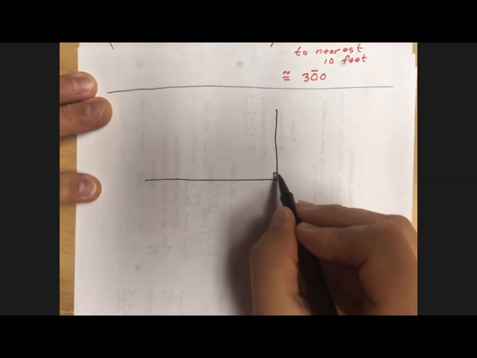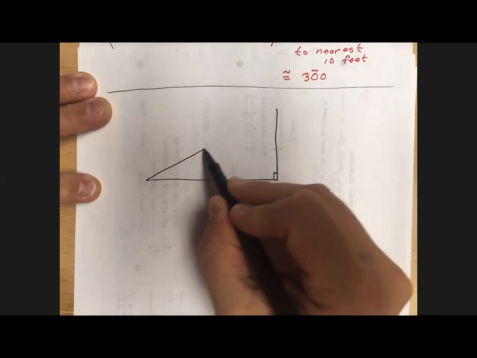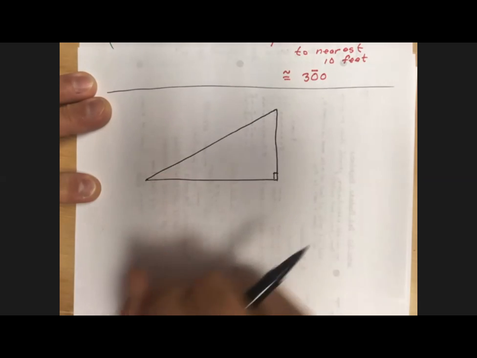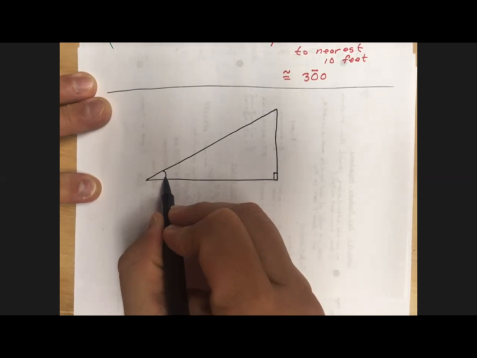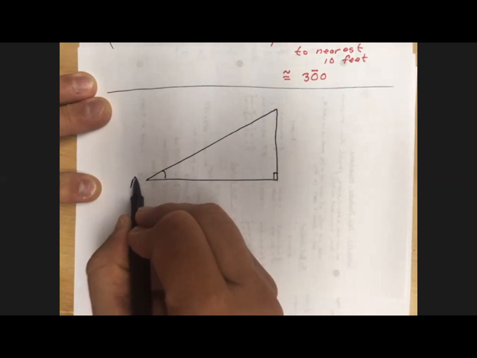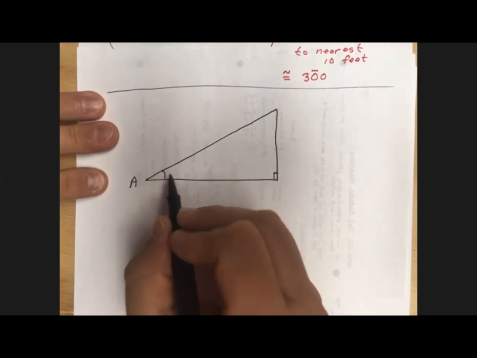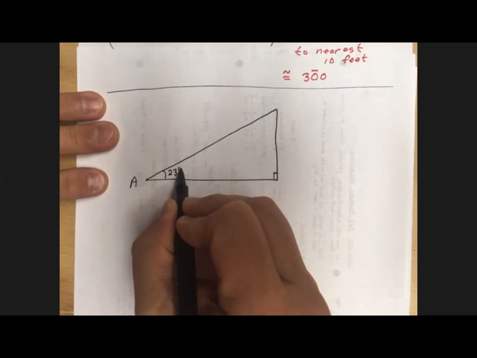And I don't know what this distance is, but I assume the building's at the right angle. It's not the Leaning Tower of Pisa. But let's say I have a surveying instrument or just an ordinary compass or protractor, and I can measure this angle to be, I really don't know. I'm just going to pick numbers out of the air. Let's try them out. 23 degrees.